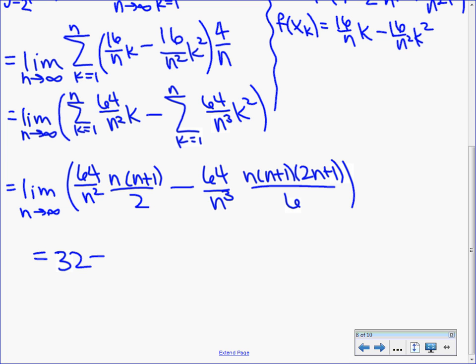Here I have a third degree over a third degree, so we get to look at the coefficients again. We see a pattern, don't we? What's the coefficient up here? 64 times 2 over 6 gives us 32 thirds. So 32 minus 32 thirds, 10 and 2 thirds. There's the exact area.